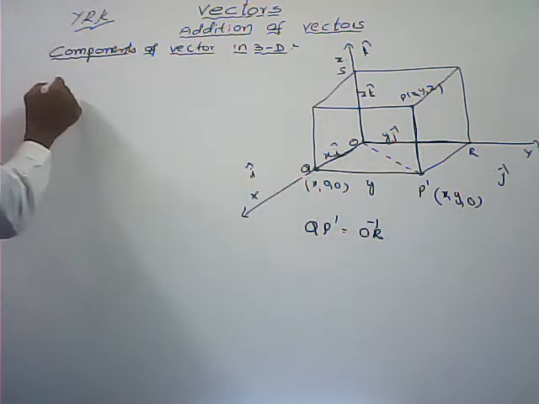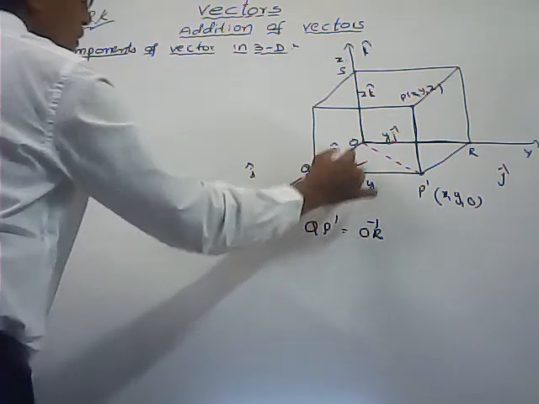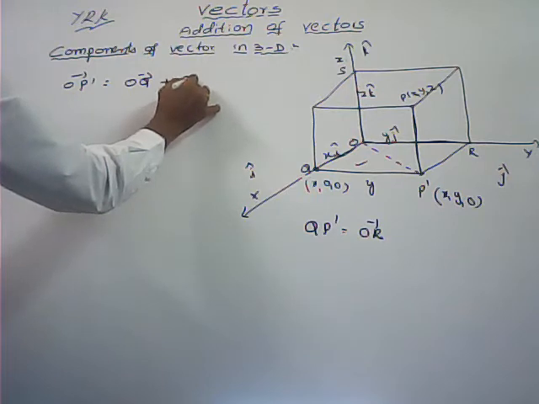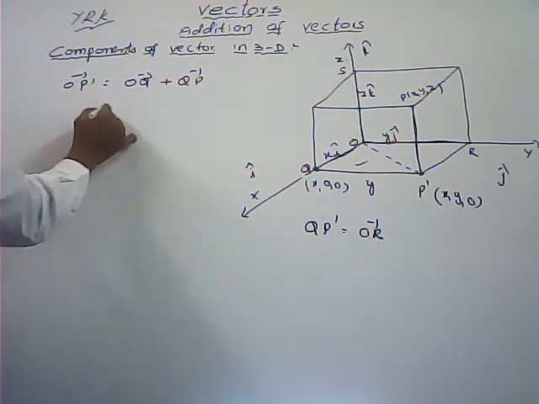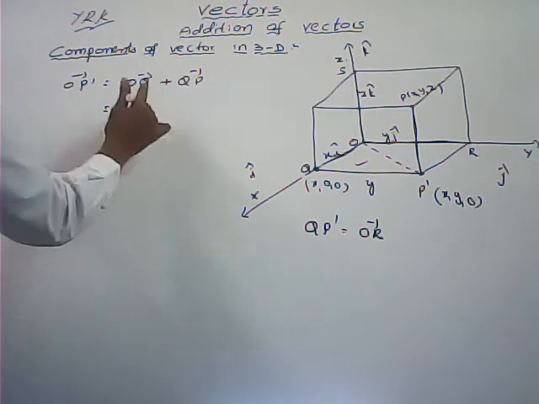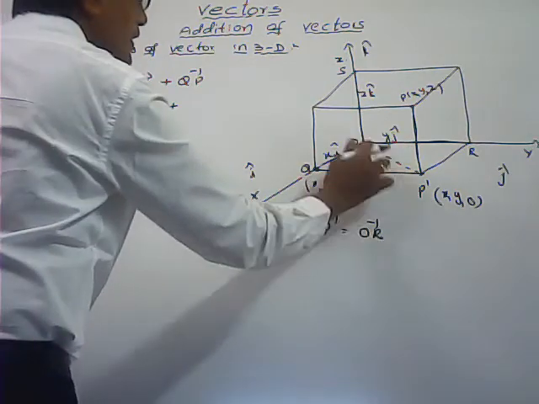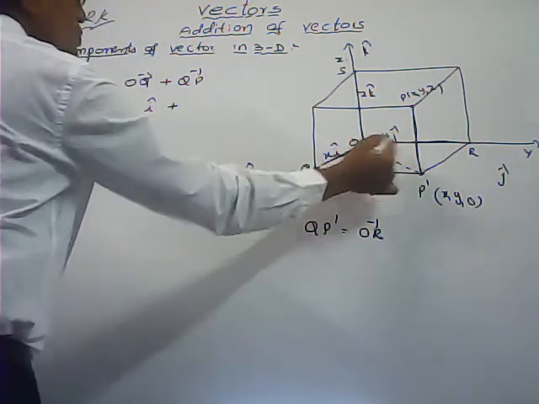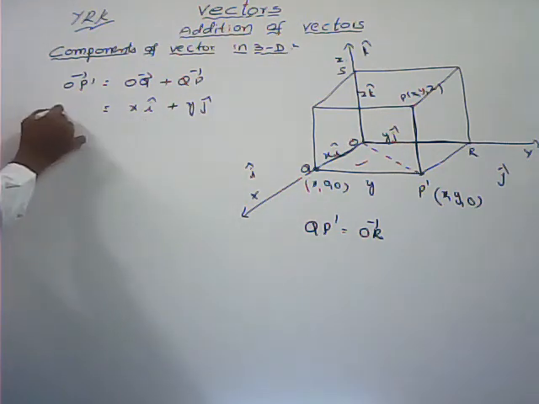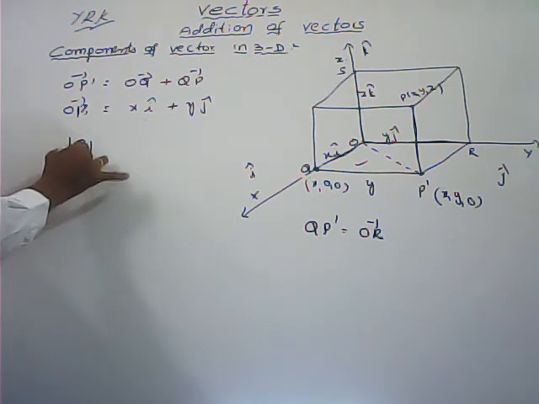Now you can join this one. OP dash bar is equal to, by the triangle law of addition, OQ bar plus QP dash bar. OQ bar is x into i cap, plus QP dash bar, which is equal to OR bar only, that is y j cap. What is the modulus of this one?